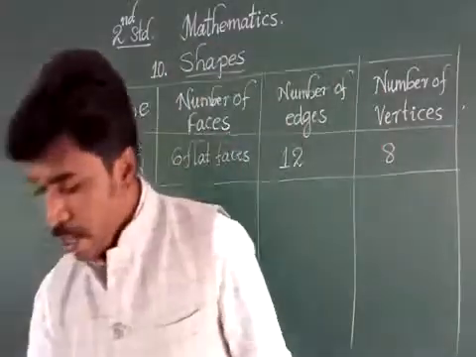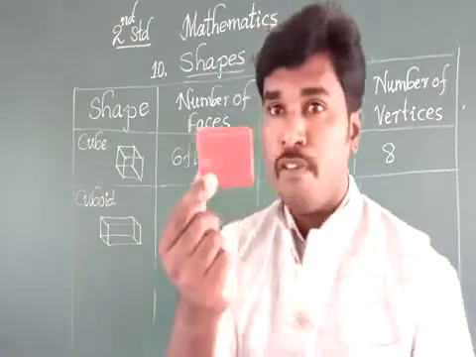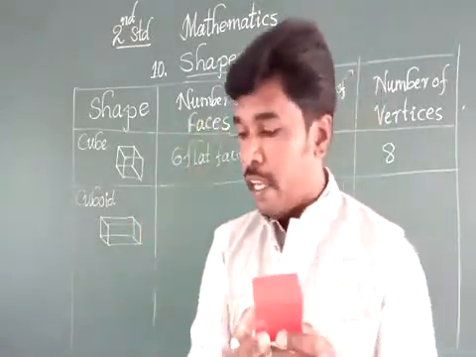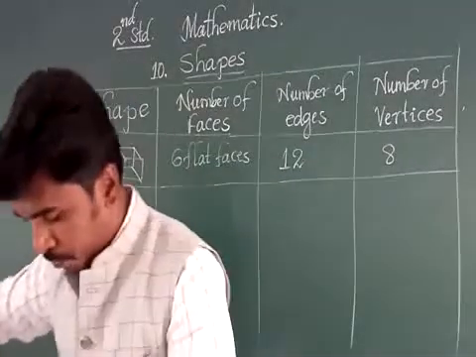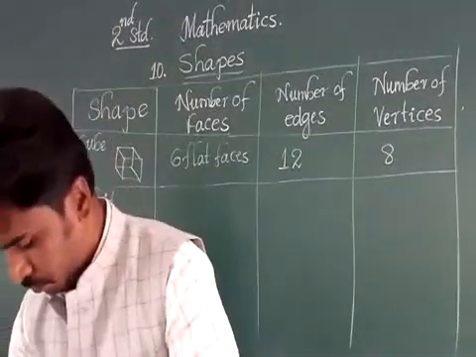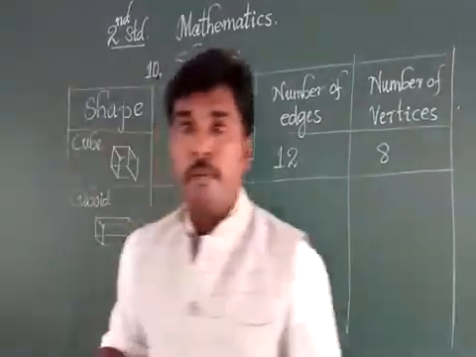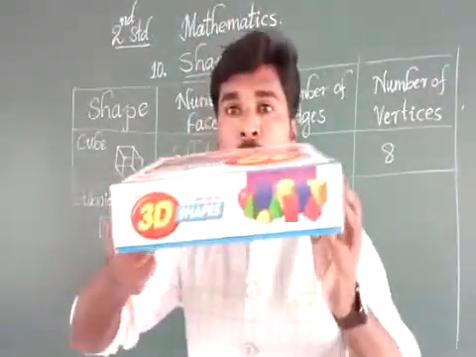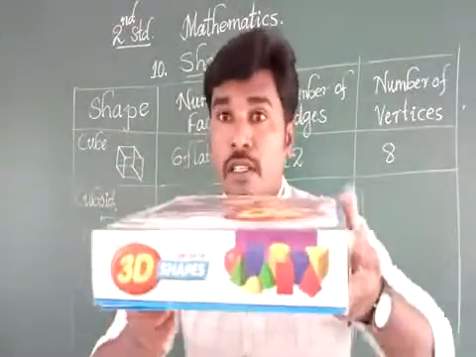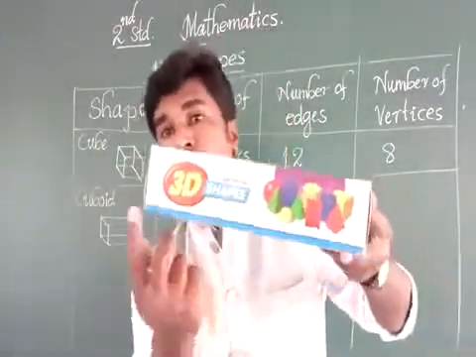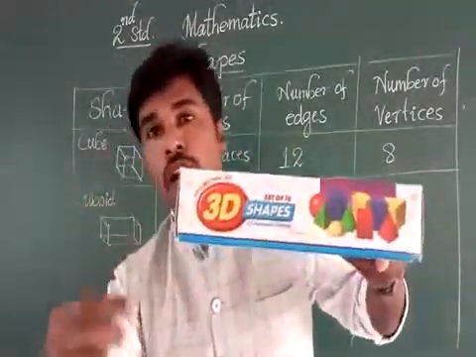So here I would like to show the shape of the cuboid. Here it is the shape of a cuboid, or else you can take any box. Observe here. Dear children, this is also an example of a cuboid. It has length, breadth and also height.